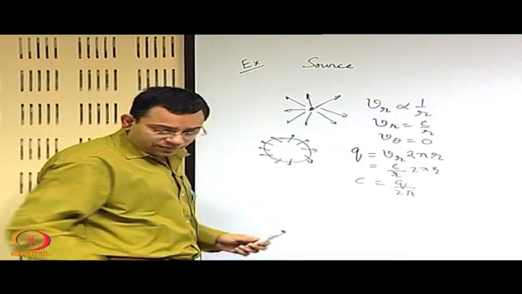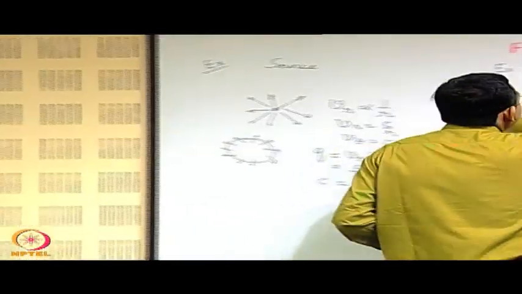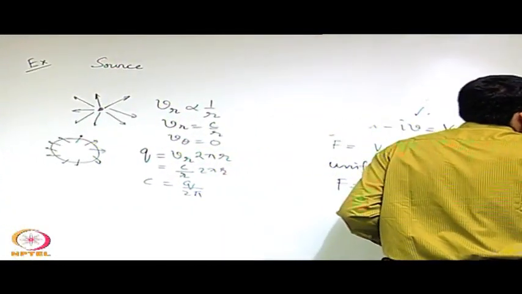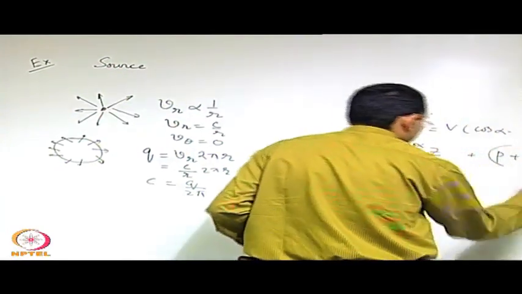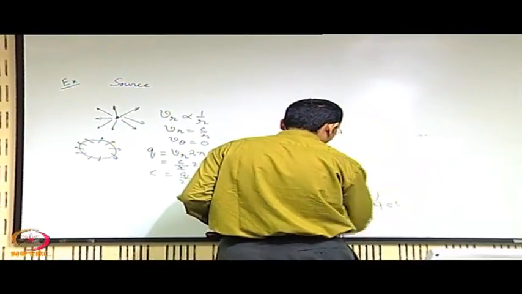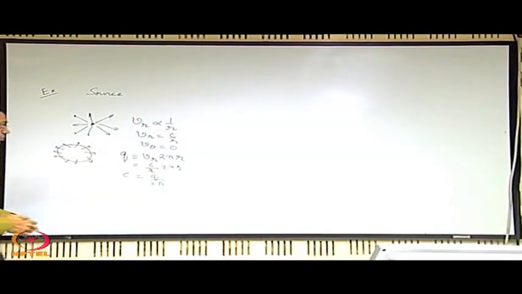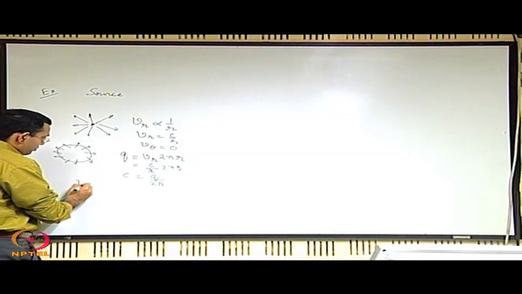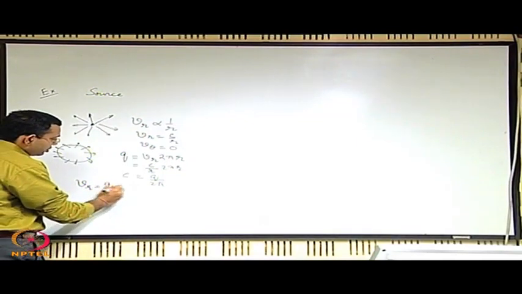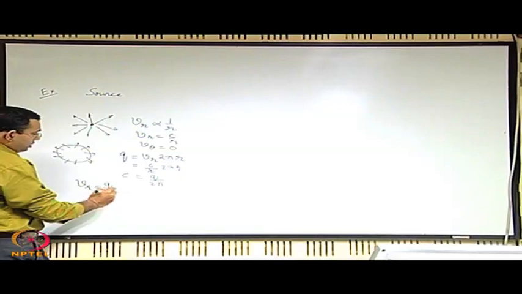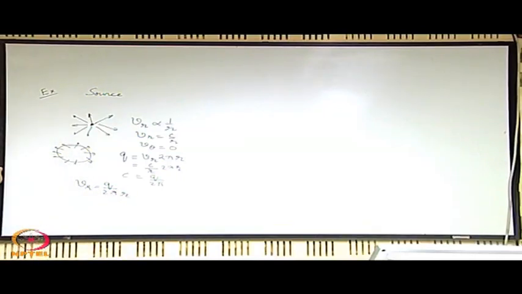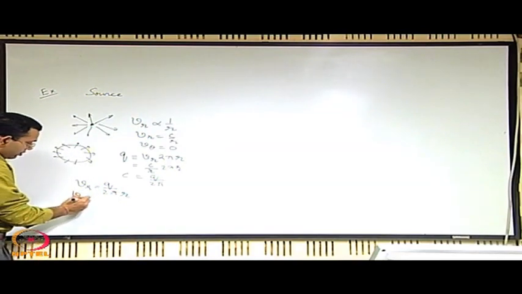So what is the velocity field here? Let us just write the velocity field. You have Vr is equal to q by 2 pi r, right, V theta equal to 0.